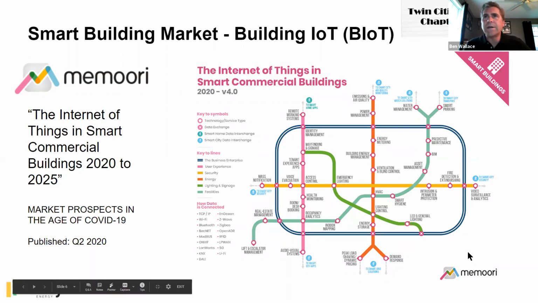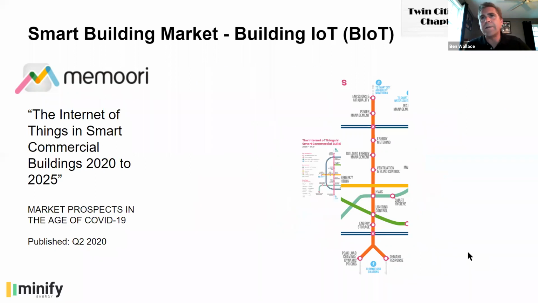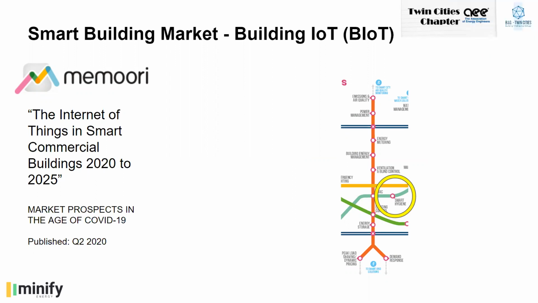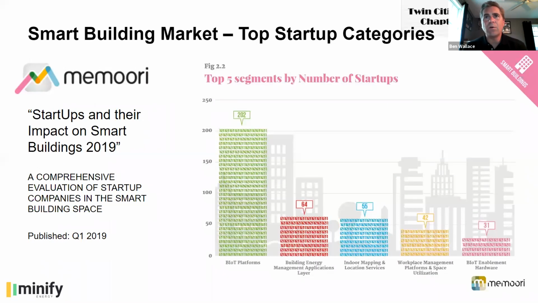We're going to be focusing in on the orange line here, which is really around energy, building energy management, ventilation, HVAC, lighting controls, and then down at the bottom is the key focus for our topic today, which is peak load shaving, demand response, and grid interactivity. One other interesting note is that new to this map is smart hygiene on the list, which I think we're going to see a lot more growth and effort around in the post-COVID era.